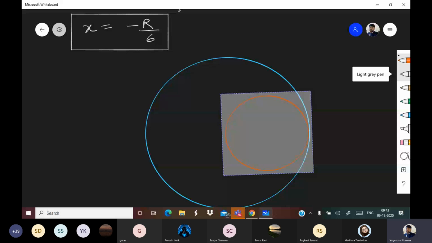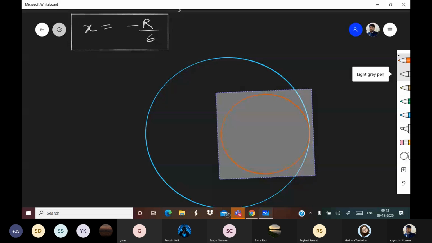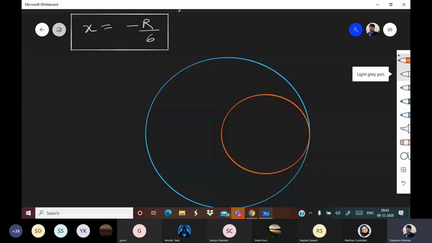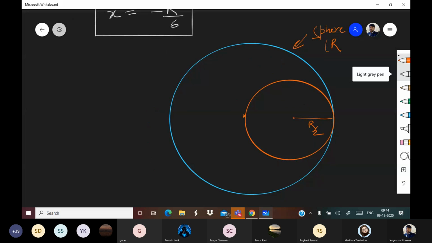So this is a sphere. This is also a sphere. Its radius is r. Its radius is r by 2. Okay. So the question is, find the center of mass of the removed part. Find the center of mass of the left part.